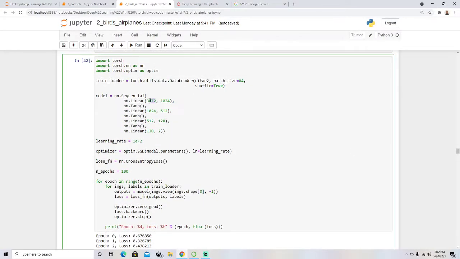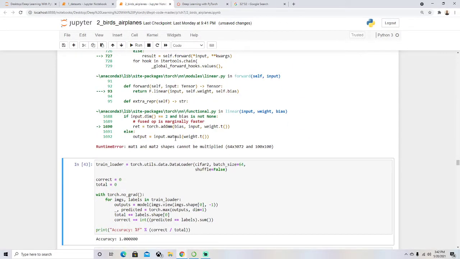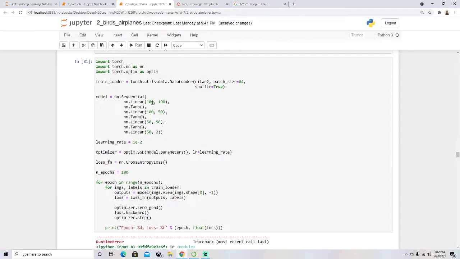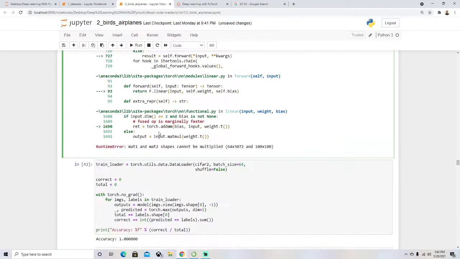So let's do a little experiment up here with our best network. What happens if we just do 100, 100, 100, 50, 50, 50? I'm not sure why that doesn't work.